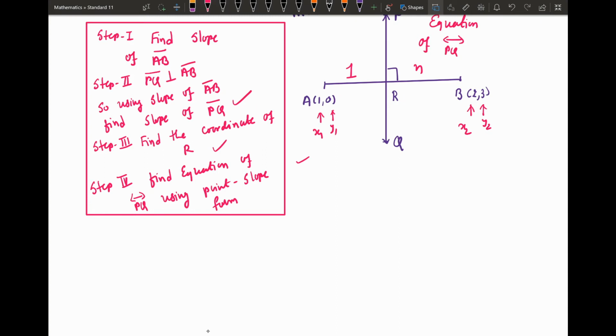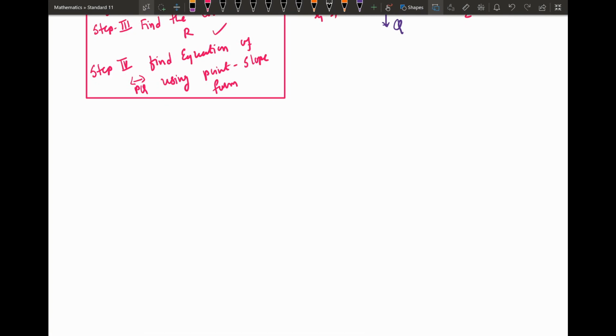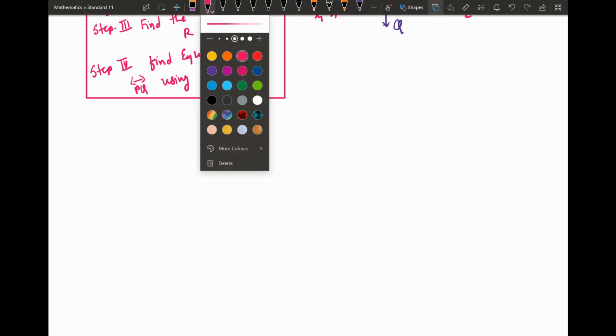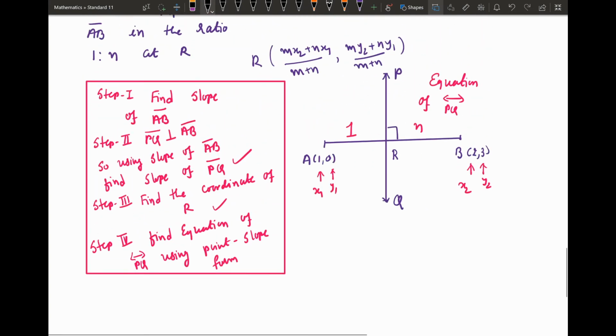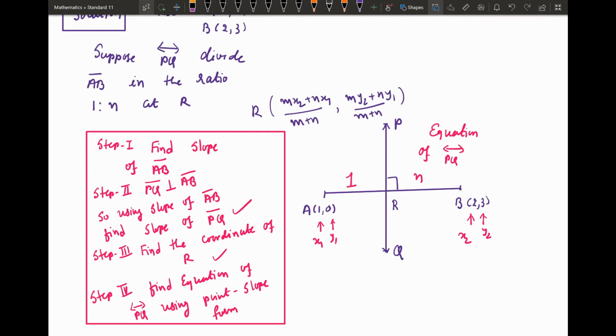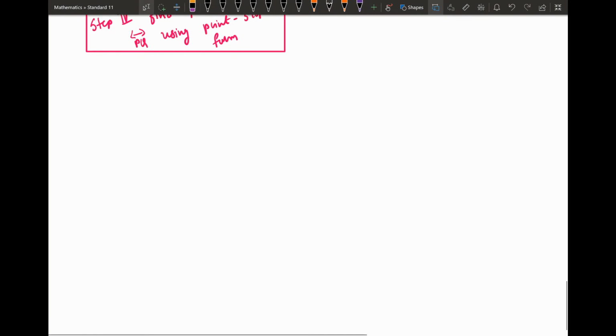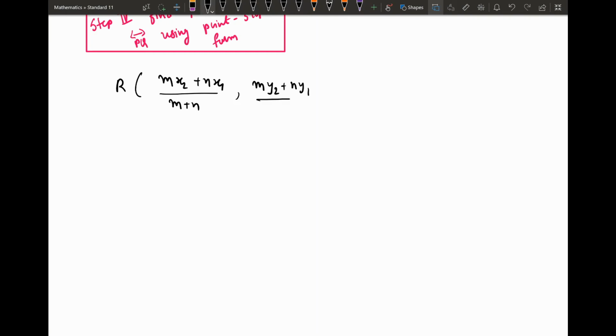So now let us find coordinates of R. Suppose line PQ divides line segment AB in the ratio 1:n at R. So coordinates of R using (mx2 + nx1)/(m + n), comma, (my2 + ny1)/(m + n).